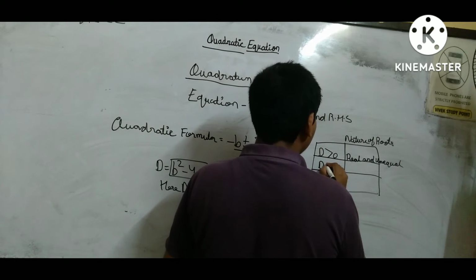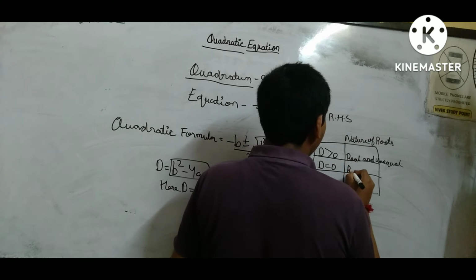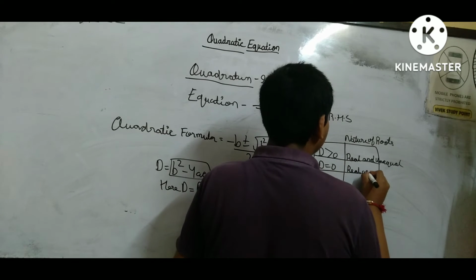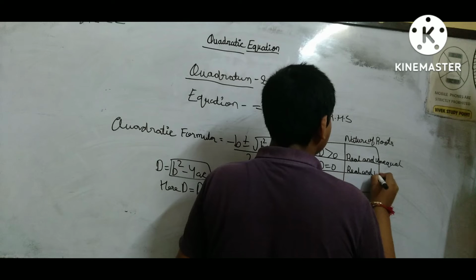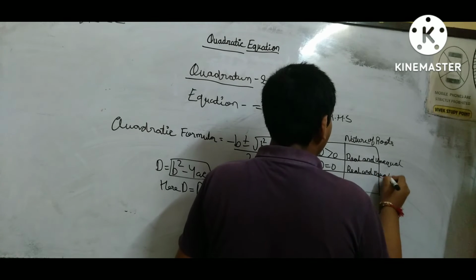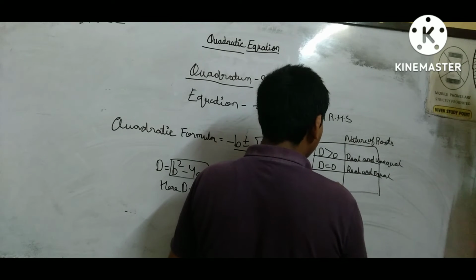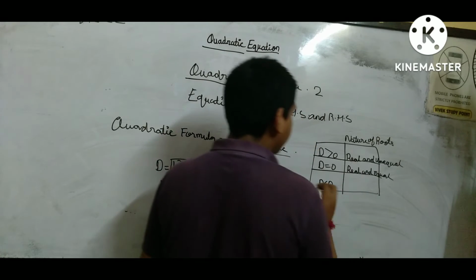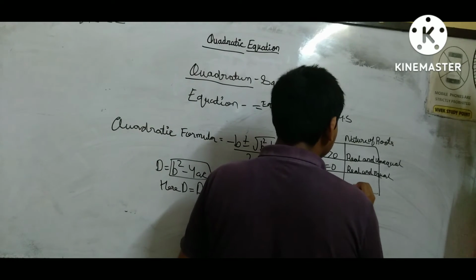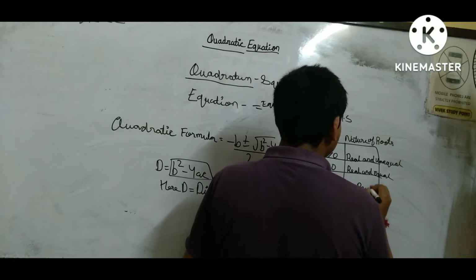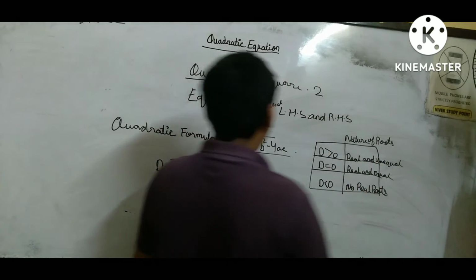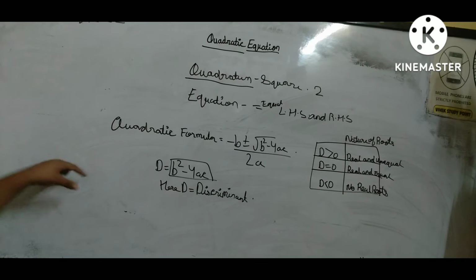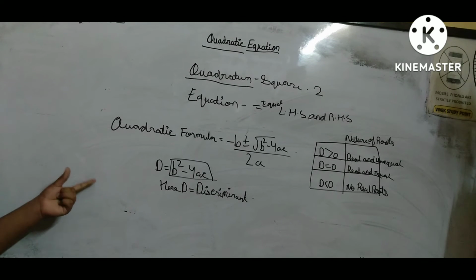If D equals 0, real and equal. And if D is less than 0, meaning the discriminant is negative, then no real roots. I hope till here you have understood the concept of the chapter.